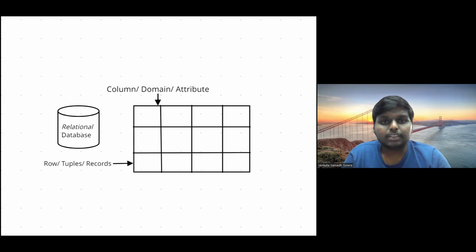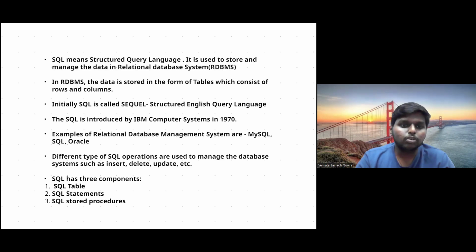Now let's see what is SQL. SQL means Structured Query Language. It is used to store and manage the data in relational database systems, RDBMS. In an RDBMS, the data is stored in the form of tables, which consist of rows and columns.